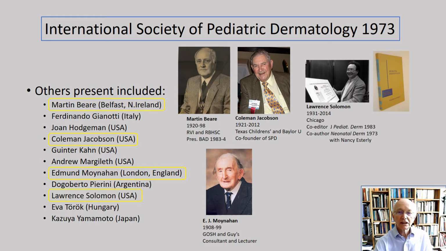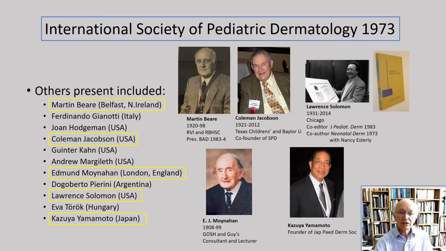Lawrence Solomon, a paediatric dermatologist in Chicago, one of the first with an interest in neonatal dermatology, and published a book in the same year, 1973, and went on with his colleague Nancy Esterly to be a co-editor of our journal. And finally, Kazuya Yamamoto, the founder of the Japanese Society for Paediatric Dermatology.